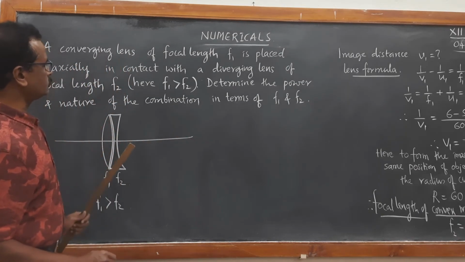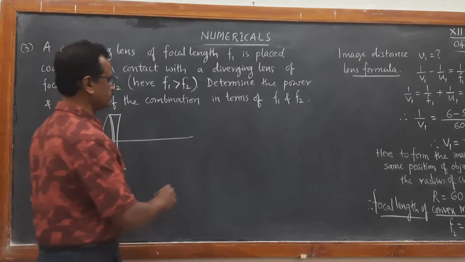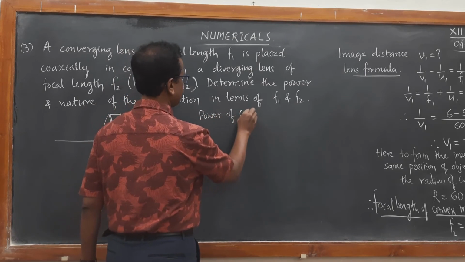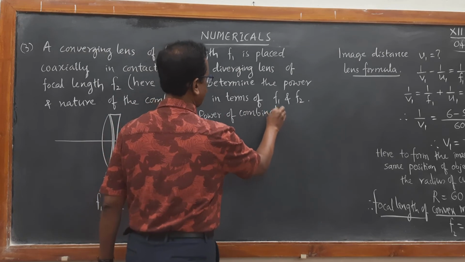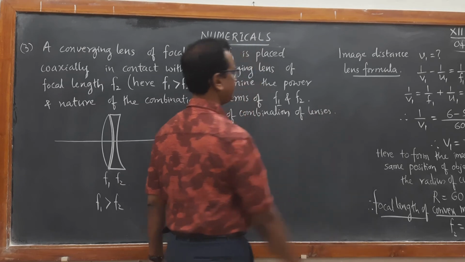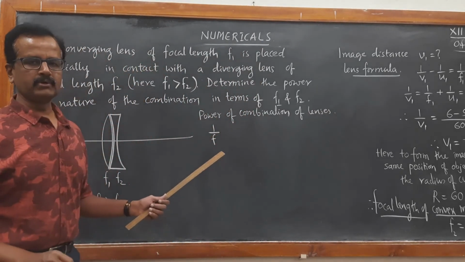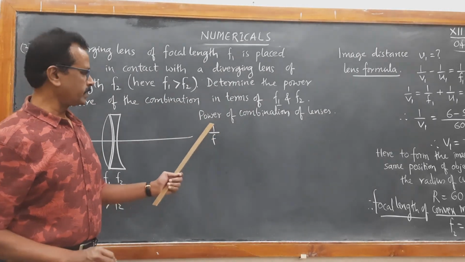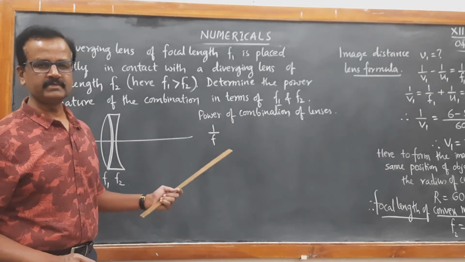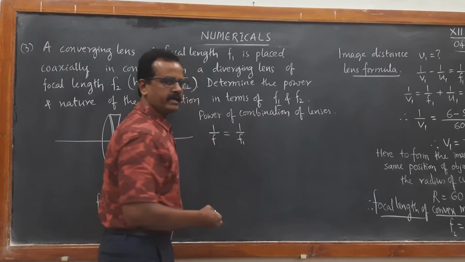Now, the power of combination of lenses is given by 1 by f. The reciprocal of focal length is power. So 1 by f is equal to 1 by f1 plus 1 by f2.